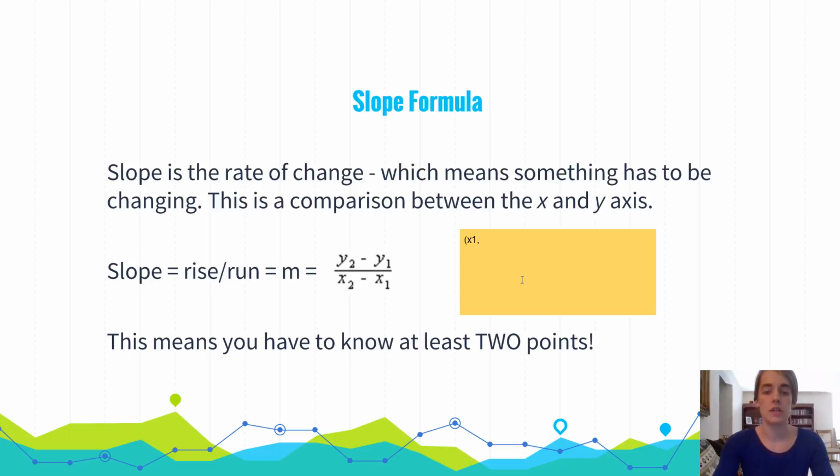Let's label this x1 and y1, and then x2 and y2. That means whenever you get those points, you're going to take your y values and subtract, your x values and subtract, and then divide your answer. I'm going to show you an example of how to do this.